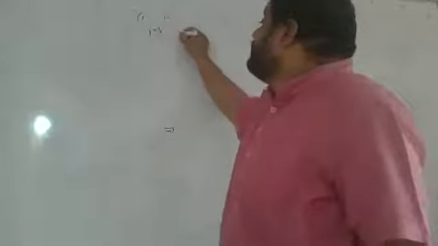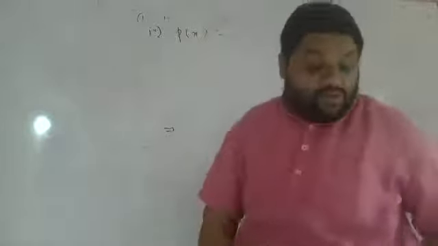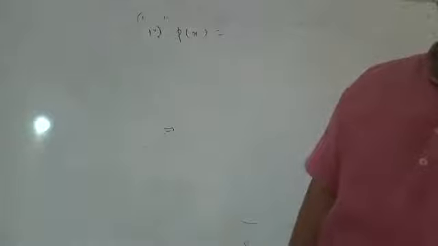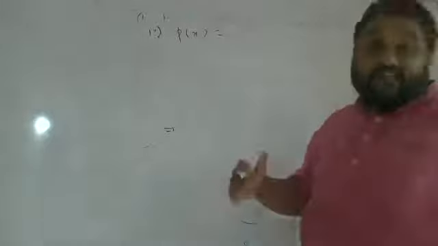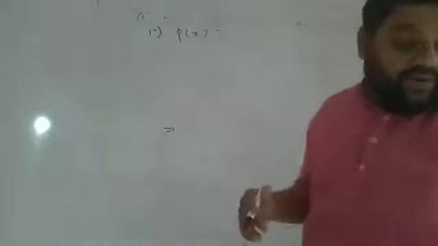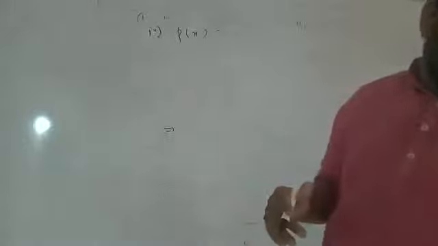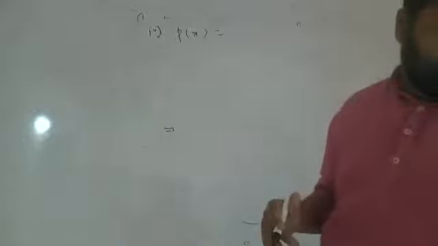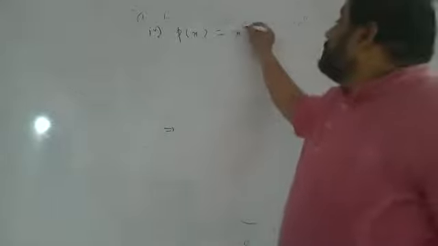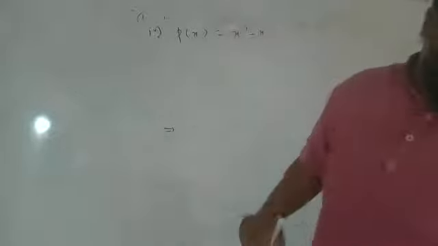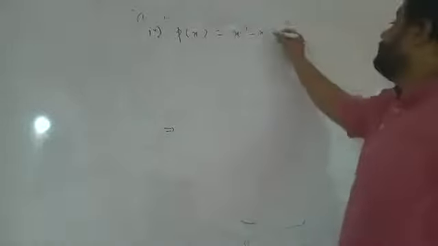In the fourth question, suppose they have given you P of x equal to, instead of x plus 1 and x minus 2, x square minus x minus 2.